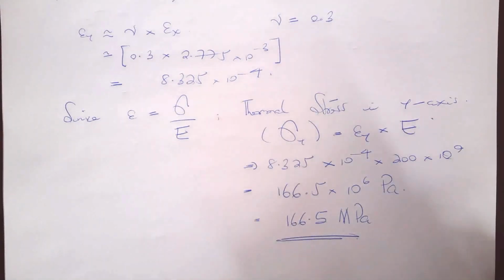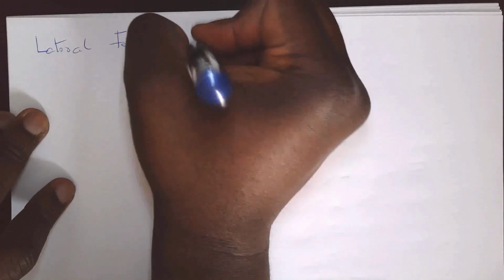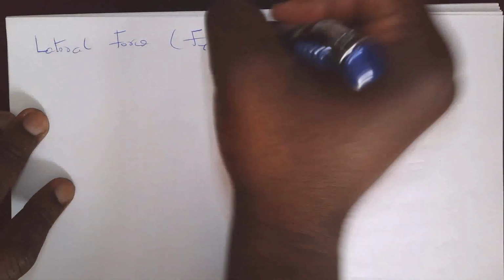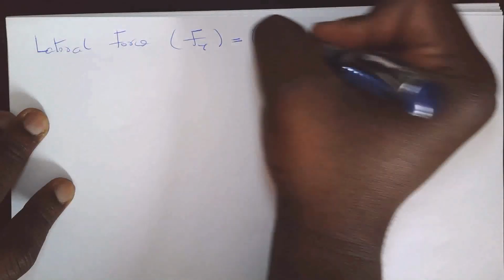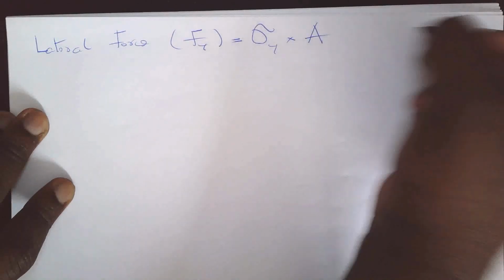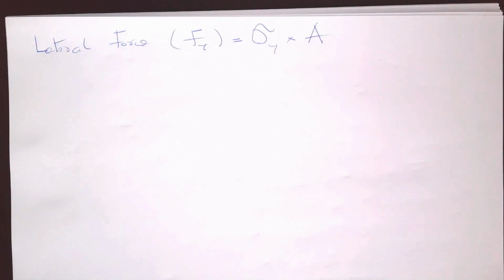So if we're going to calculate the force, we're going to look at the lateral force. Let's call that Fy, that's going to be equal to sigma y times A. Okay, so that's basically the lateral force that's going to possibly cause some measure of shearing.